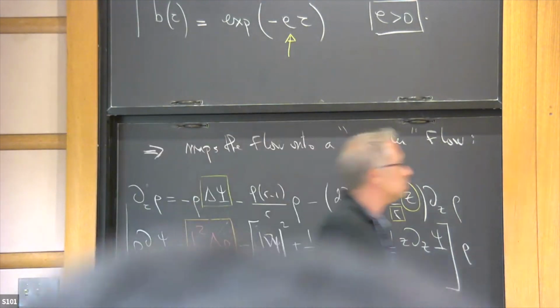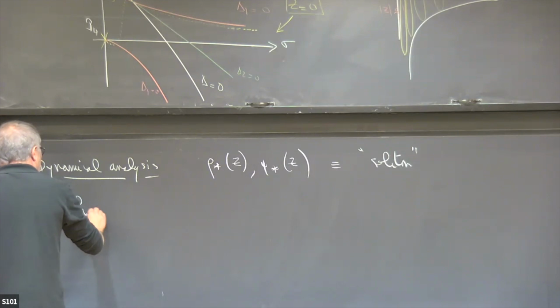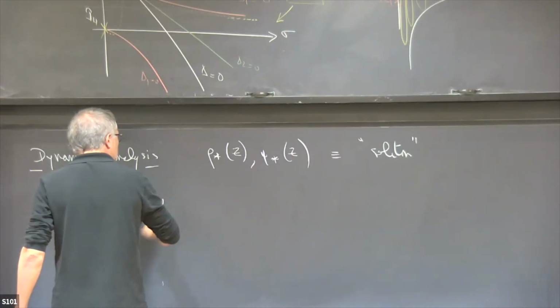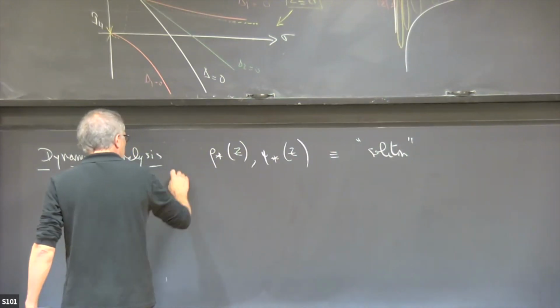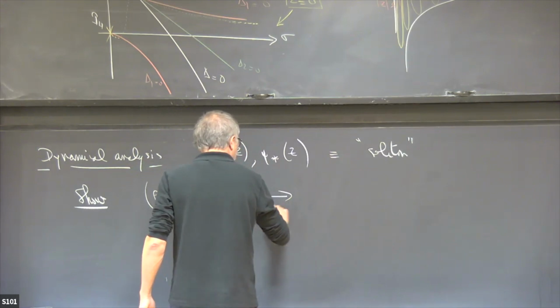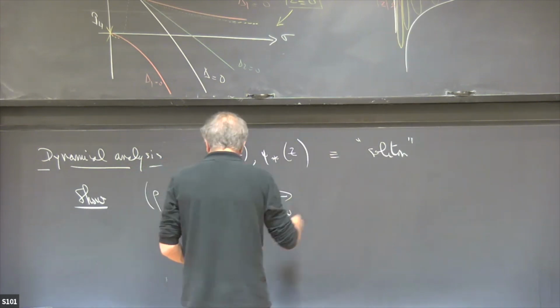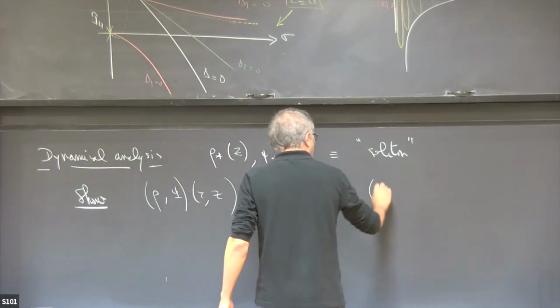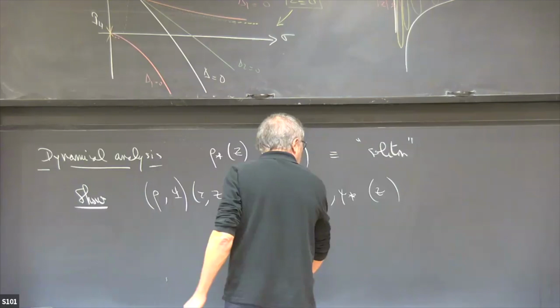What you really want to prove, what you really want to show, is that you want to construct initial data so that the full flow asymptotically, rho psi as a function of tau and z, is going to converge, as tau goes to infinity, at least to my profile, rho star, psi star. And of course, it's a question of norms, right?